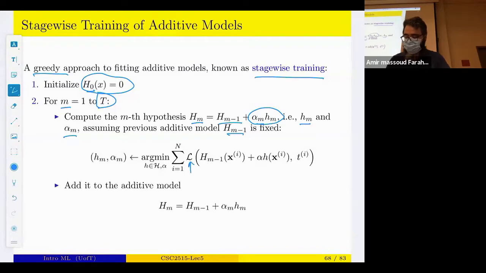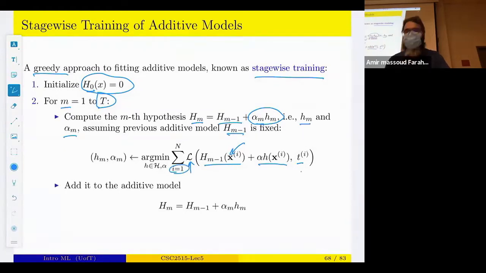The model that we use in the loss function has two parts: the part that is fixed, HM minus 1, and a part that is new. Of course, here the targets are the target data, and the XIs are the inputs. We want to minimize the loss over all data points n.